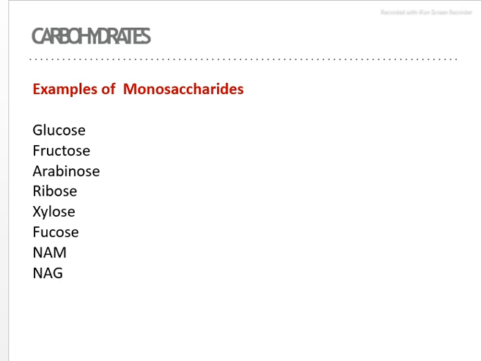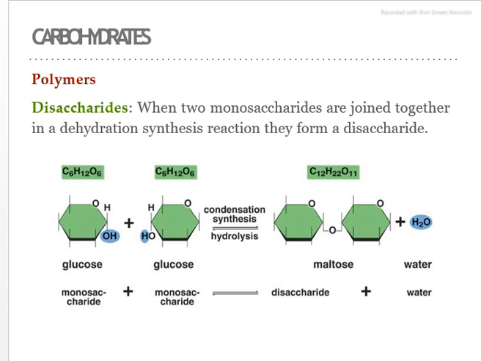So next one is disaccharides. We have discussed monosaccharides, so let's see what disaccharides are. When two monosaccharides are joined together in a dehydration synthesis reaction, they form a disaccharide. Here you can see one molecule of glucose and another molecule of glucose involved in dehydration synthesis to form maltose.